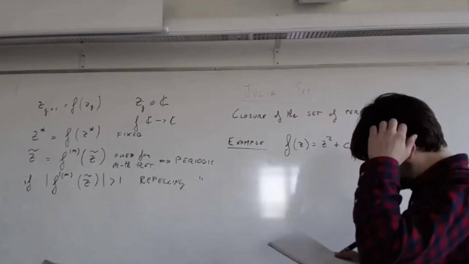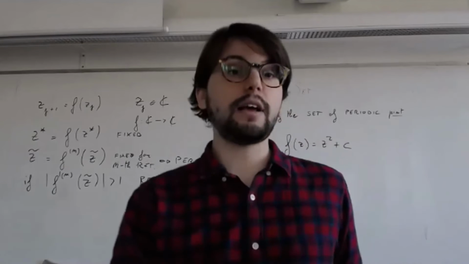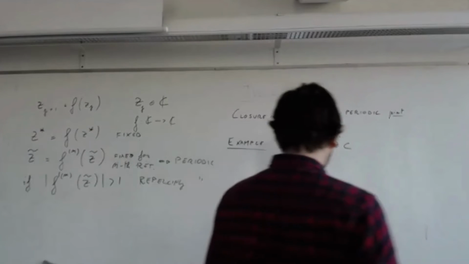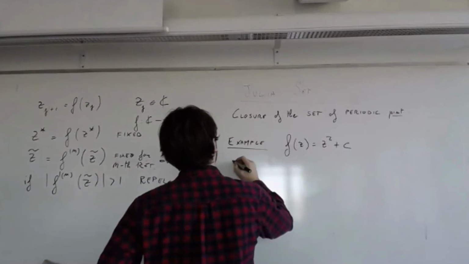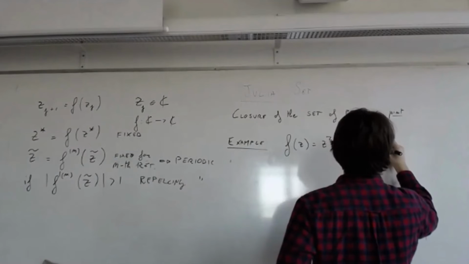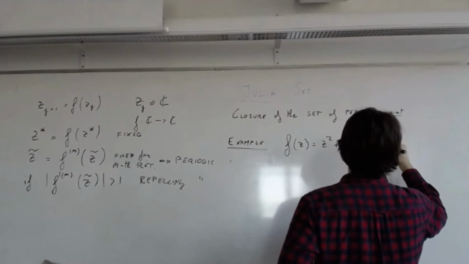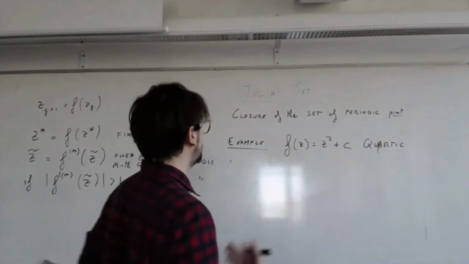The nice thing, this example is taken very often, is that you can demonstrate that this is called the quartic map because it's quadratic in the complex plane, so it's quartic.